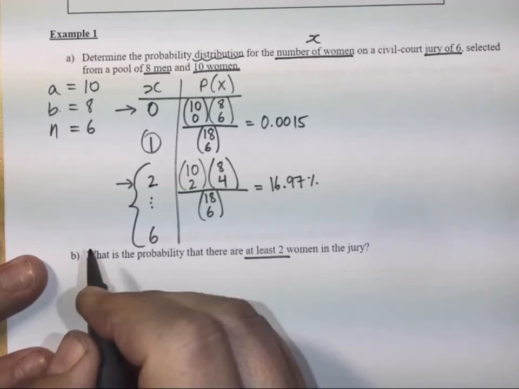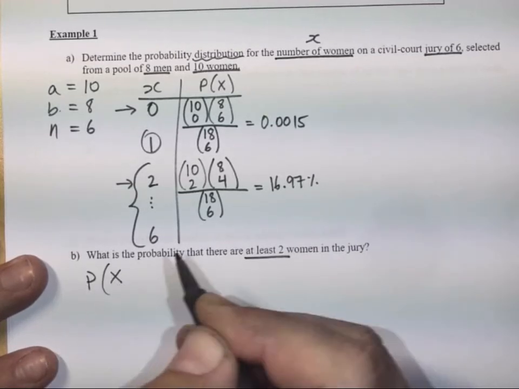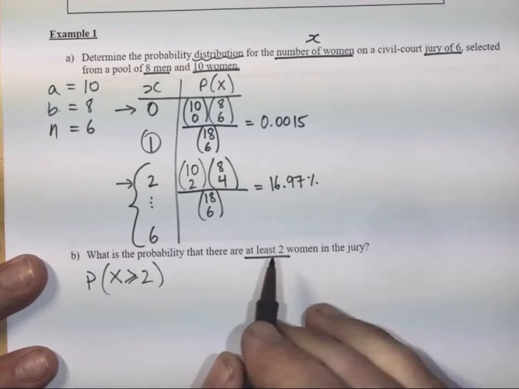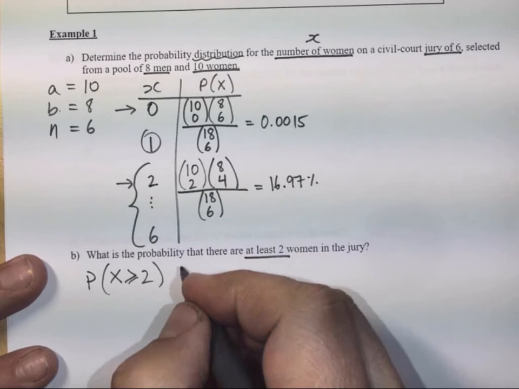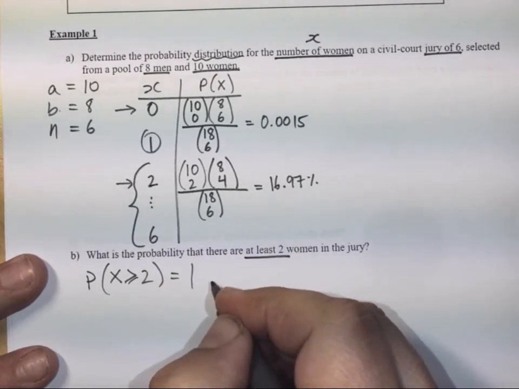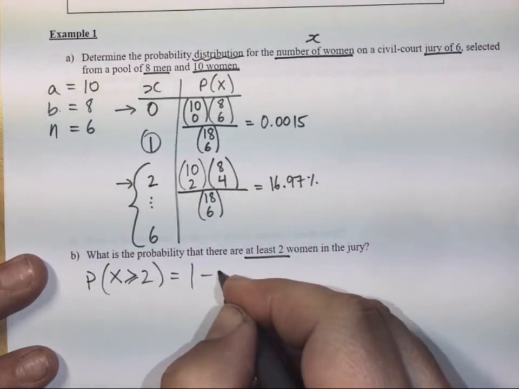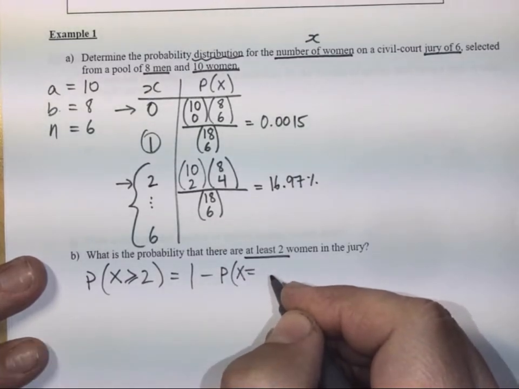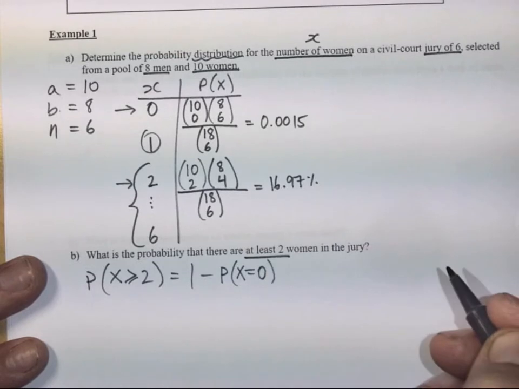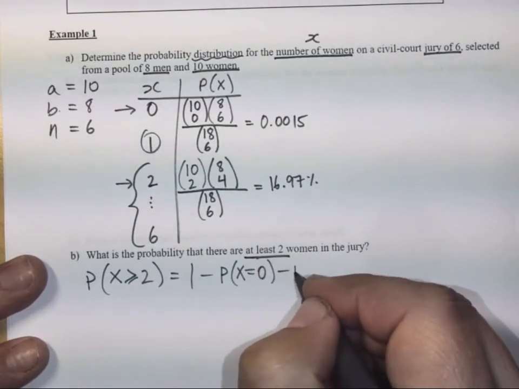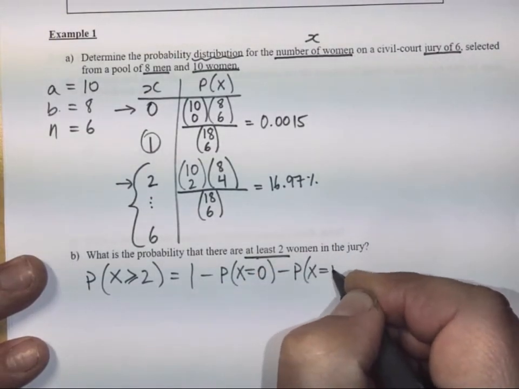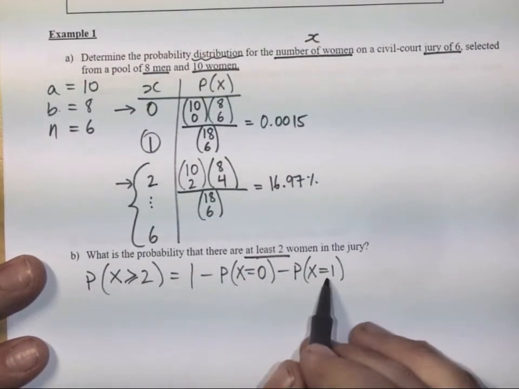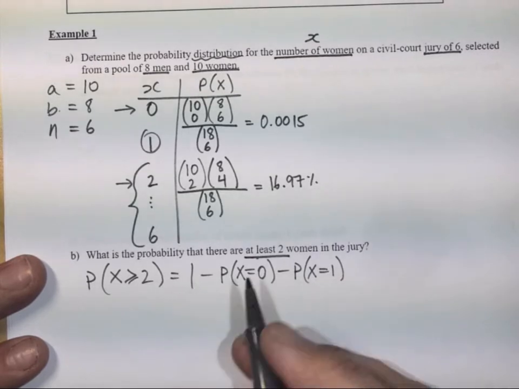So we're going to say that the probability of our random variable x being greater than or equal to 2, that's what at least 2 women means, is equal to 1, that's 100%, or the total, minus the probability that x equals, what don't we want here then? We don't want 0 women on the jury. That's not at least 2. And we don't want 1 woman on the jury. That's not at least 2 either. So we have 2 cases we have to subtract away from our total of 1.